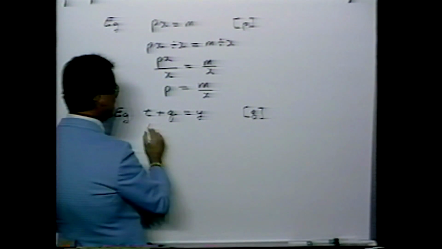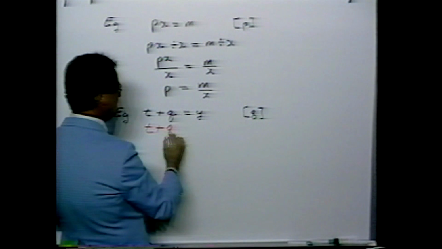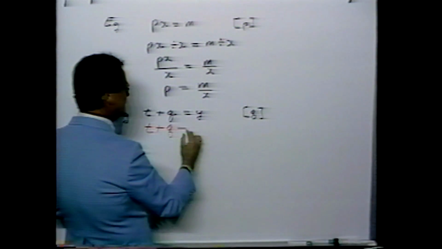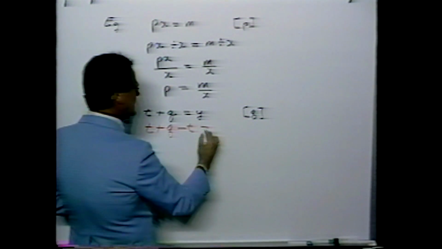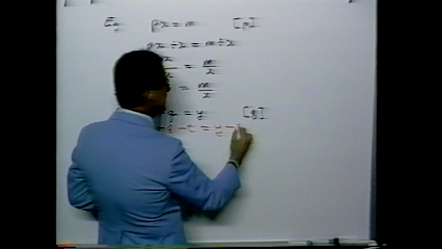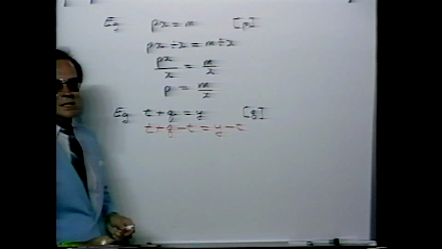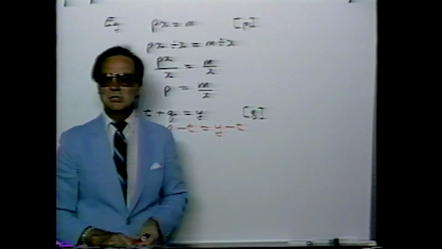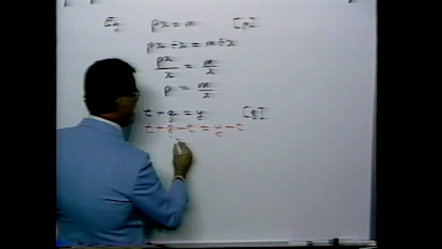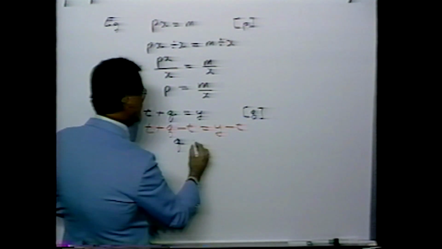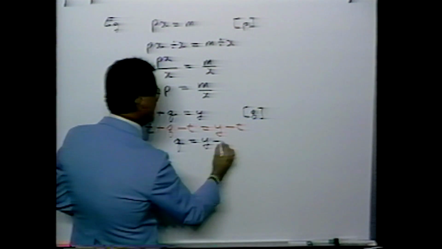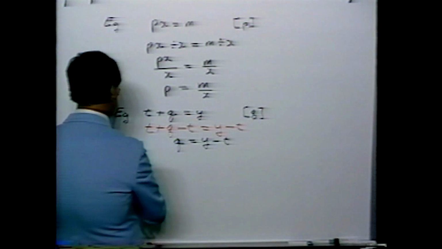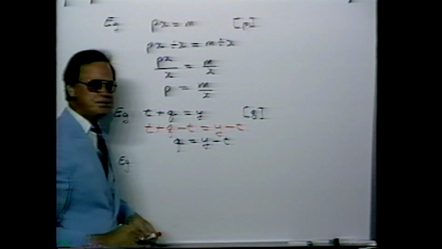Write in your solution and take some shortcuts. t plus q minus t equals y minus t. Since you're removing t, you know that the result will be 0. So q then is equal to y minus t, and we have solved for the variable required.